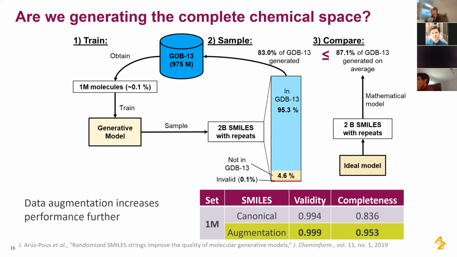And with the data augmentation trick I talked about before, we actually end up getting models that have very high validity. It's very good at generating SMILES, and it also has a very high completeness: 95% of the original database that we took the sample from can be recreated because it has learned the chemical rules there.